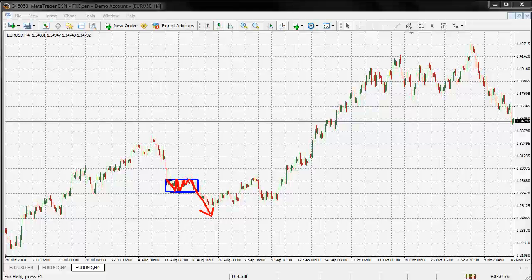Alright, and then shortly later we get another one, and here is a rally up, rally down, rally sideways, rally up, and then boom, it breaks. And it comes down to there. Alright, let's see if we can find some more.